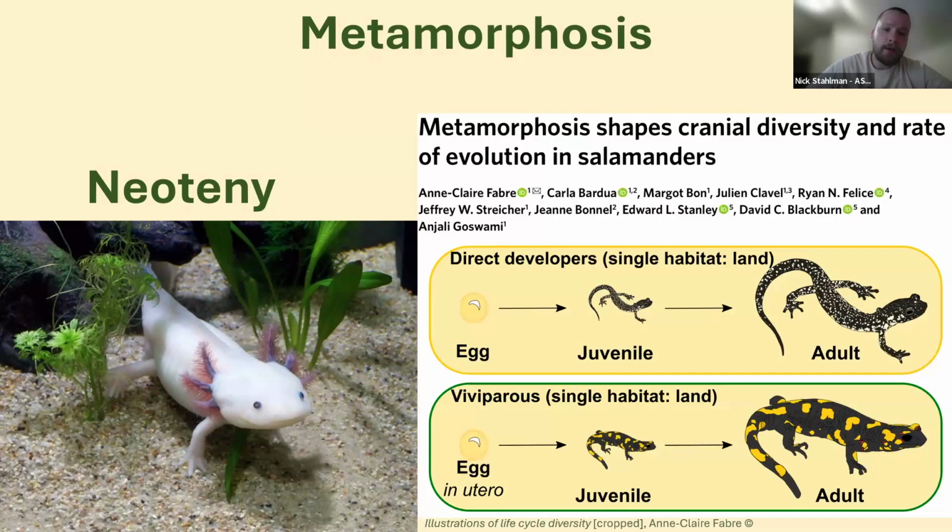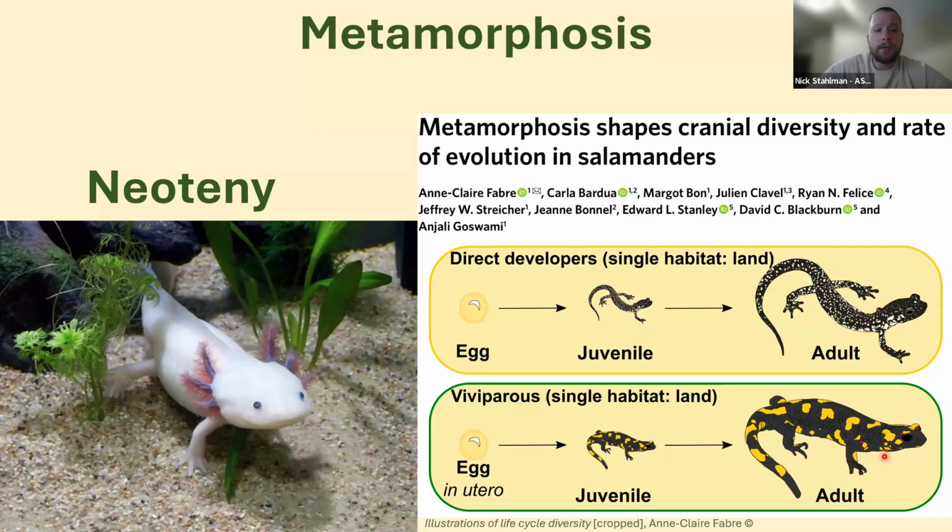But then some salamanders are even crazier and they are just direct developers. This is the case for a lot of our lungless salamanders, which we will see later, where in the egg they essentially undergo metamorphosis and come out as little mini adults and then get bigger and bigger.